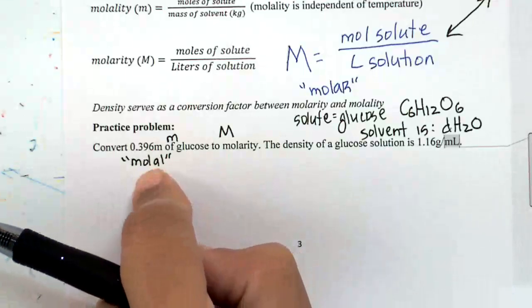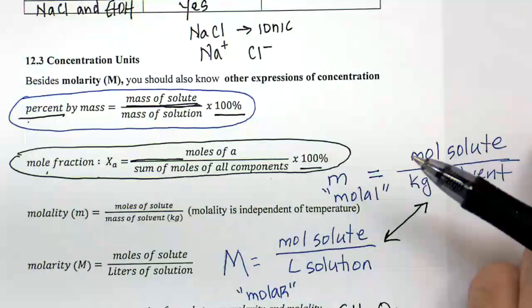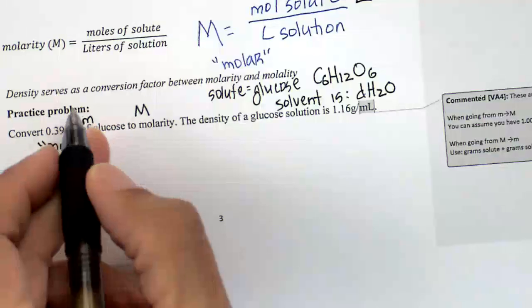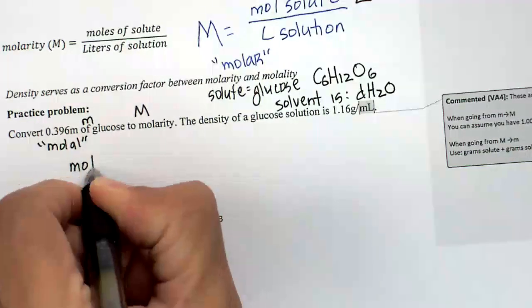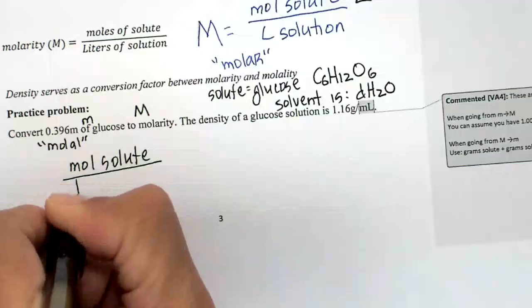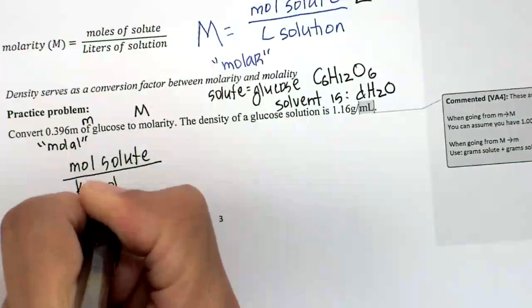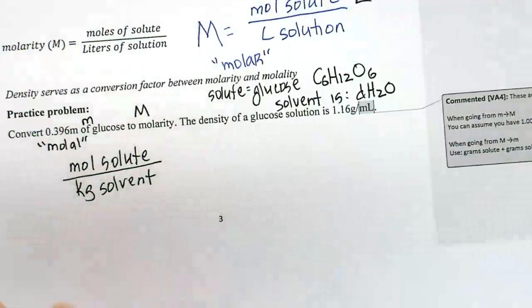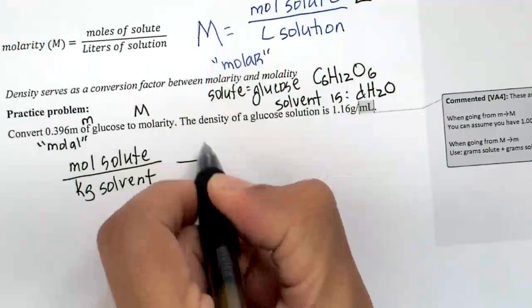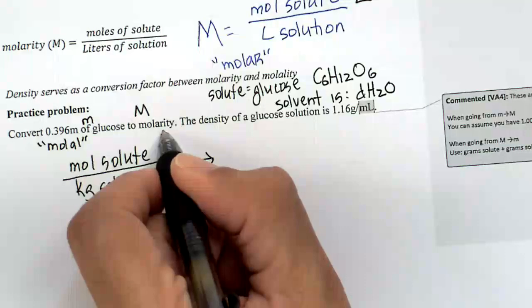So molal, what is molal? It's moles of solute over a kilogram of solvent. This is something we should know. We need to convert it to molarity.